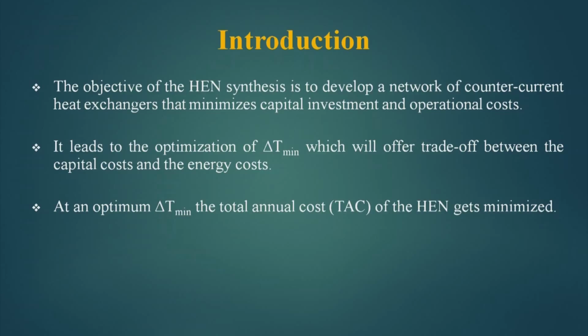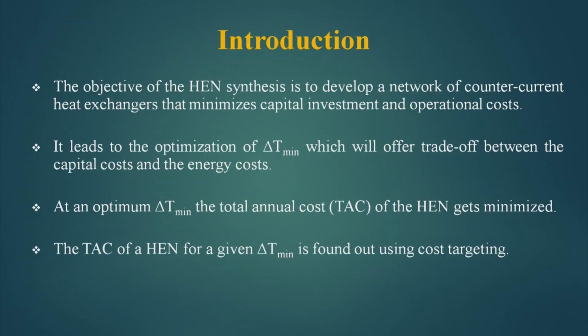At optimum delta T minimum, the total annual cost TAC of the HEN gets minimized. The TAC of a HEN for a given delta T minimum is found out using cost targeting.